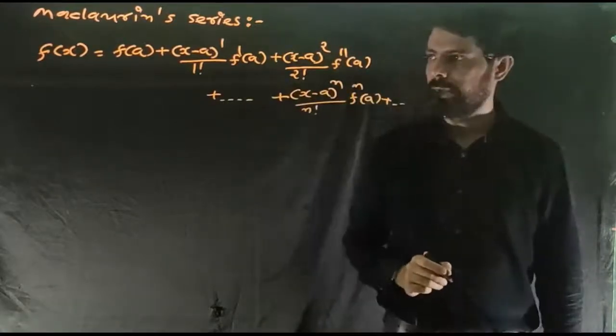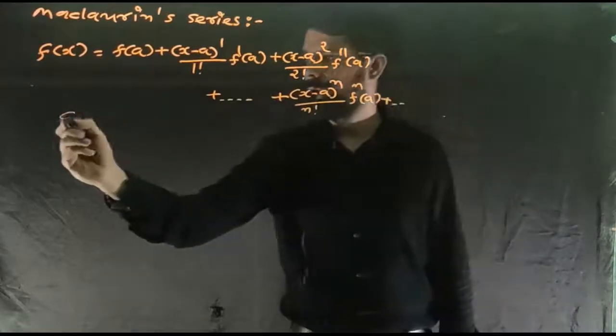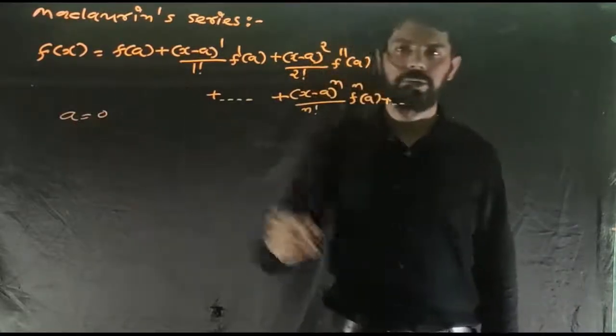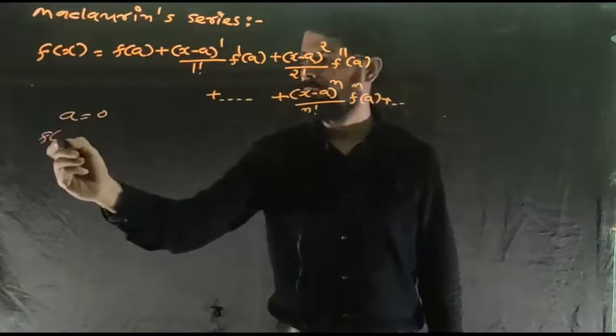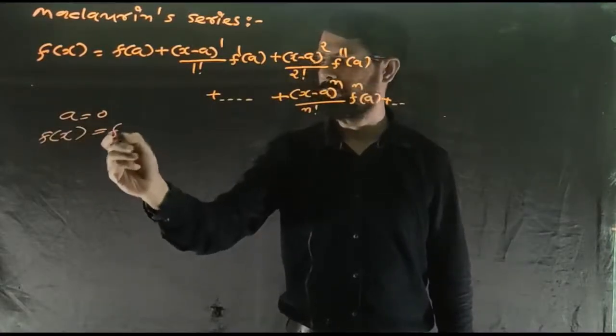Now if we put a equal to 0 in this Taylor series, then we will obtain Maclaurin's series.